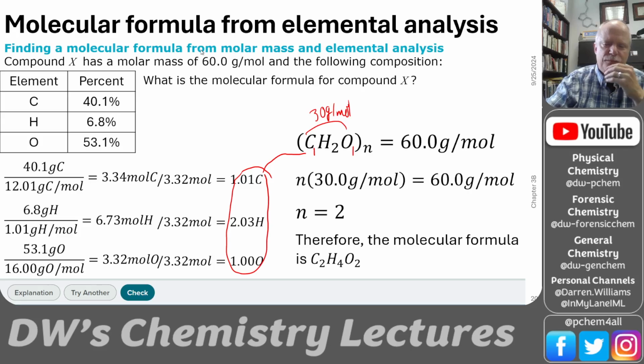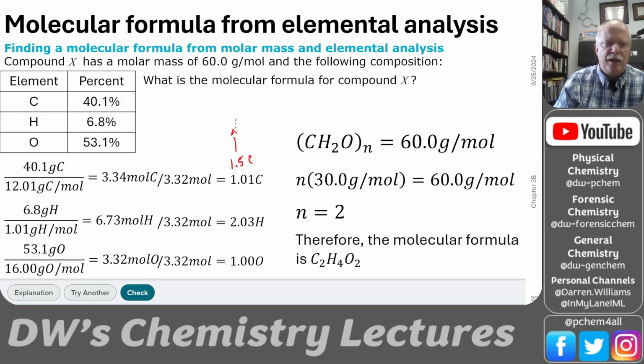Now sometimes we end up with some funny numbers here. Like we might end up with, let's say, 1.5 carbons. And if we ended up with that situation, we would multiply everything by 2 to get rid of that 1.5.